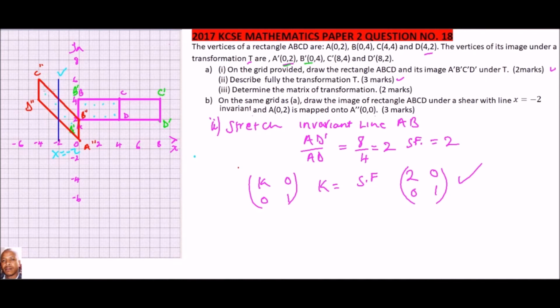If you count the number of half squares, 1 2 3 4 5 6 7 8, it means 8 halves divided by 2 will give you 4 full squares, and we have 4 full squares. That is why we are saying under shear the area is invariant.